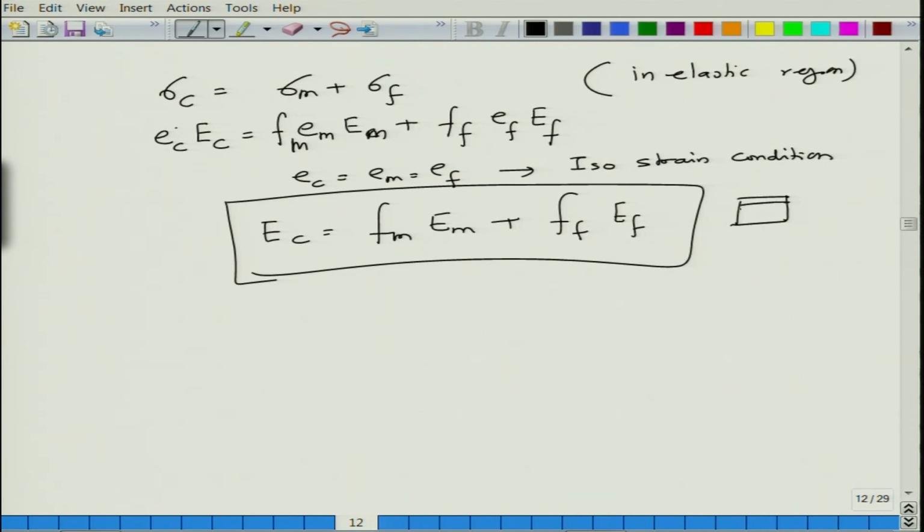This is generally when your fibers are aligned so that, if you have a composite like this and you apply stress in this fashion, the fibers and matrix will experience the same strain. As a result, they will have iso strain condition.